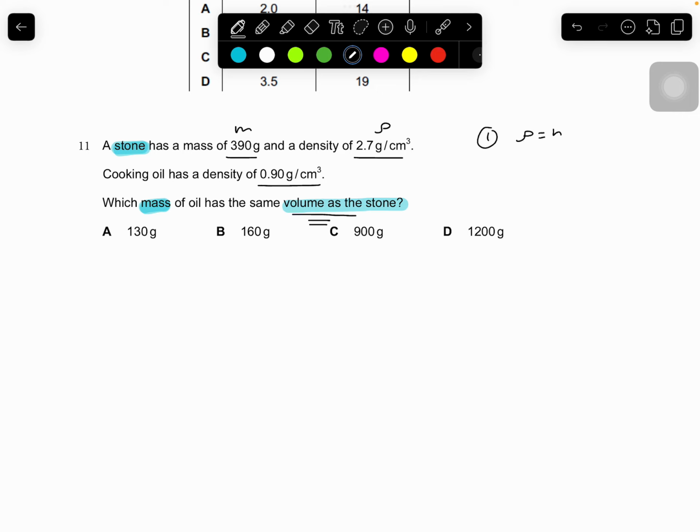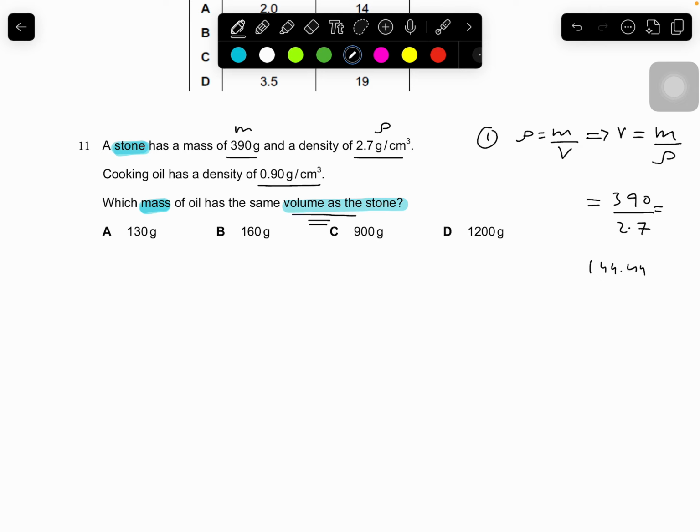So density is mass over volume, and we'll rearrange this formula for volume, and you'll get mass over density. And how did we get that? We just took V to the other side and took rho to the other side. Okay? Now, mass is 390, density is 2.7, and that is 144.44.